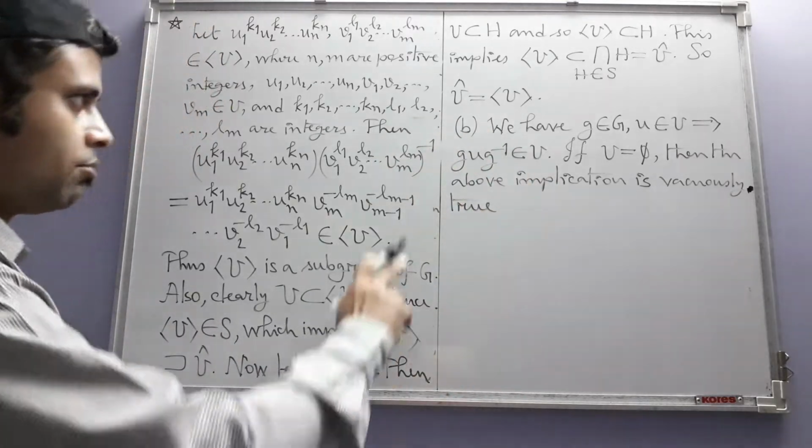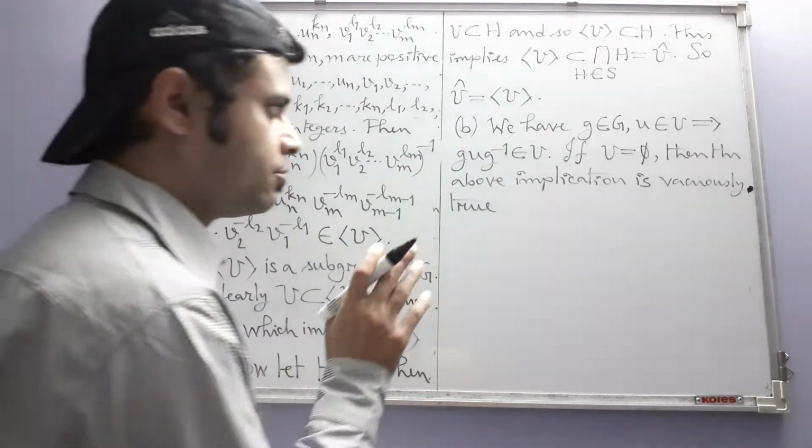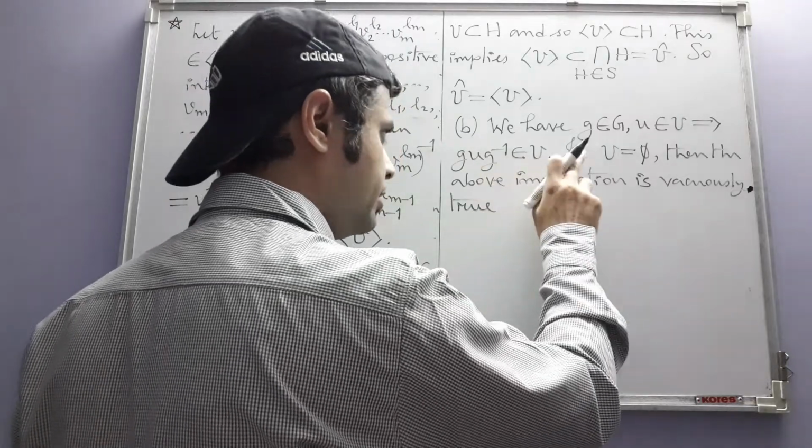That means whatever is said in part B is after all true, although vacuously true, it is nevertheless true when U is empty.